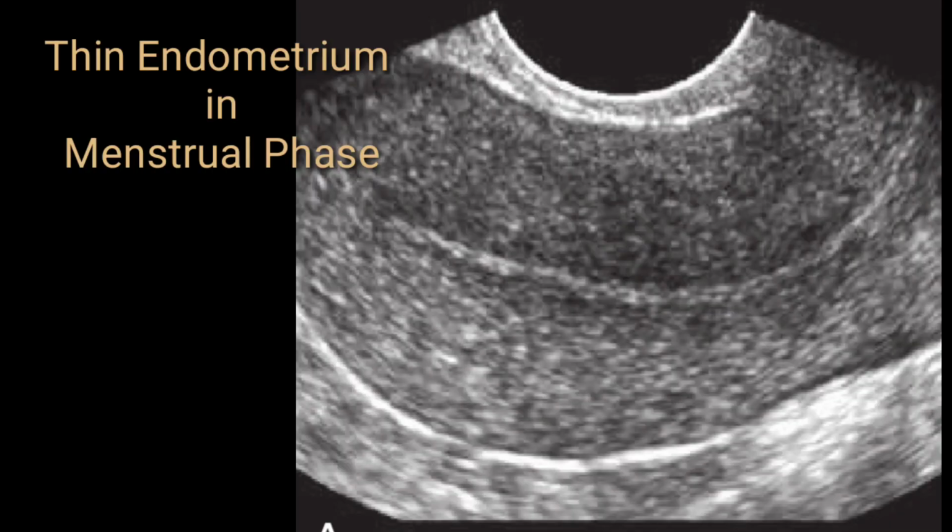This is a transvaginal scan, and you can appreciate a well-defined uterus. The myometrium is fine, and this is an anteverted, anteflexed uterus. This scan was performed to measure the endometrial lining, the endometrial thickness. Here you can see this patient was in the menstrual phase, because the endometrial lining is very thin.